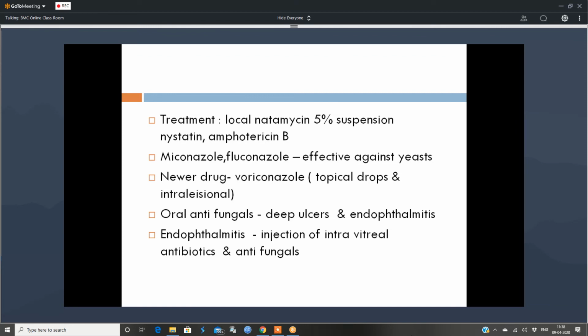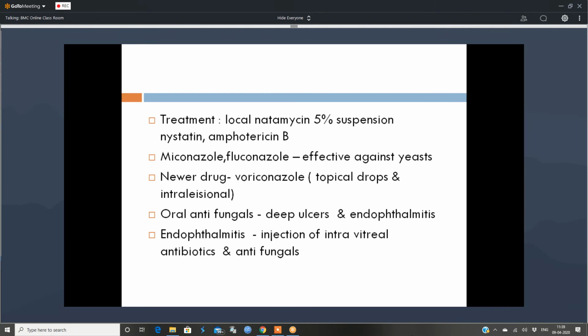What are the antifungals that are available? Natamycin, nystatin, amphotericin B. These are specific for filamentous fungi. Natamycin and nystatin are most commonly used in the form of a 5% suspension. If you are suspecting a yeast, then you can start with fluconazole eye drops.